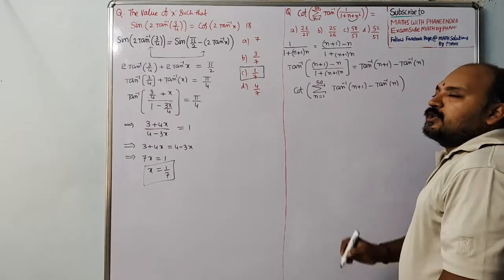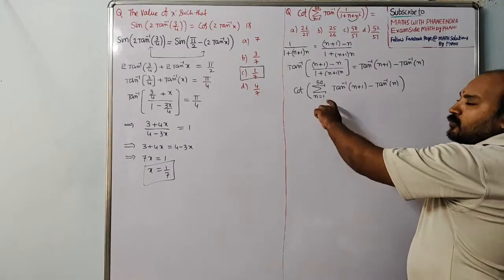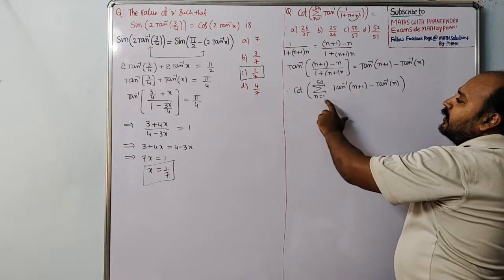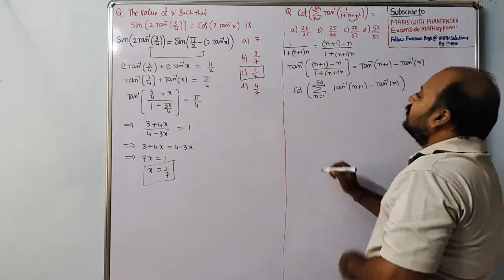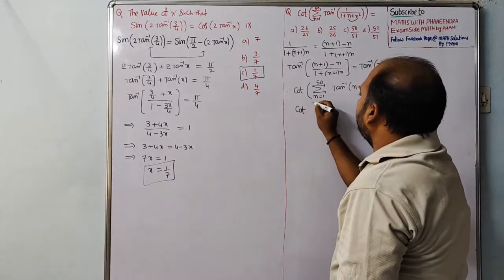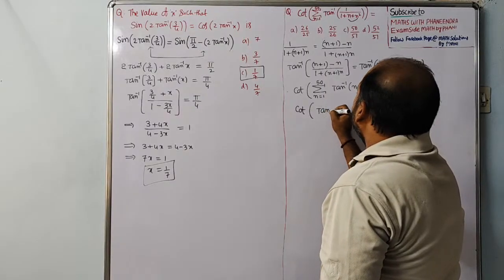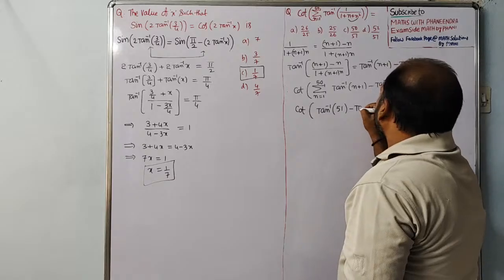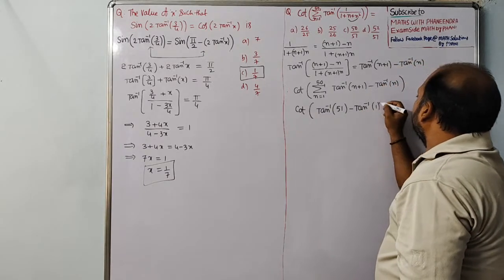Whenever a situation like this is there, I already said we discussed a number of questions. n is equal to 50 is the last term here and n is equal to 1 is the first term here. So it will become cot of tan inverse of 50 plus 1, 51, minus tan inverse of 1.